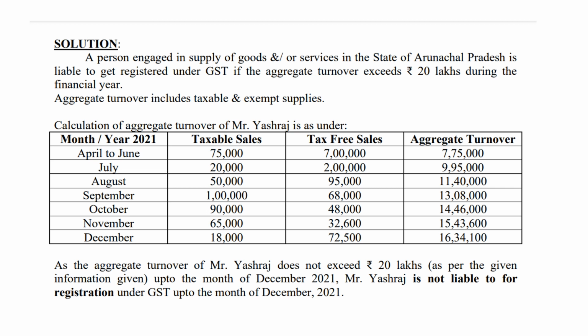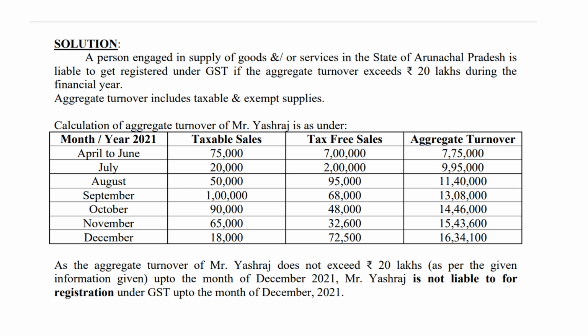In the next month, August, taxable supply is 50,000 and tax-free sales 95,000. By adding taxable sales, tax-free sales and the aggregate turnover of July, that is 9,95,000, you get the aggregate turnover for August, 11 lakh 40,000. Same way you will calculate for September, October, November and December.